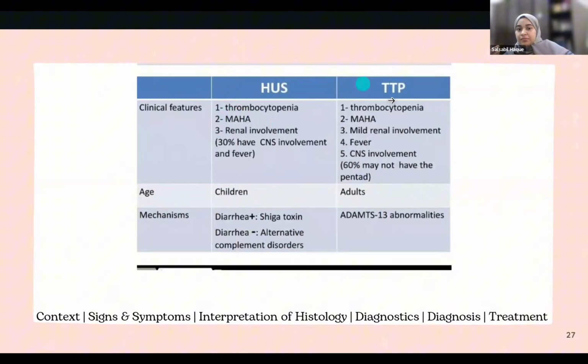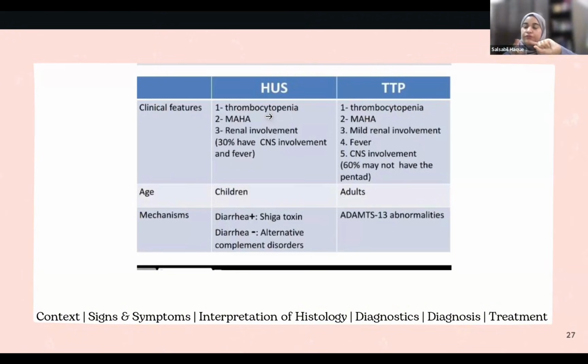However, one very, very important distinction between TTP and HUS is going to be the CNS involvement. So CNS involvement is seen in TTP, but not seen in HUS. To remember the symptoms of both of these, you can remember the mnemonic FAT right now.